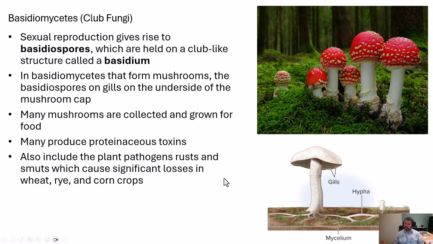Lots of them are grown for food, and then lots of them are toxic. So there are quite a few that form a pernicious toxin, so a toxin that doesn't allow the proteins to form, so the amino acids to bond. And so that toxin can be very dangerous to humans.